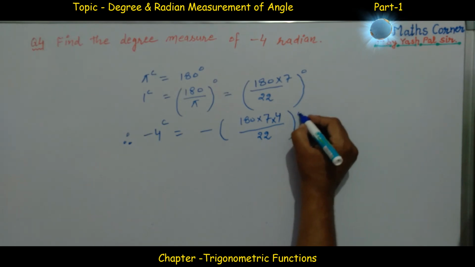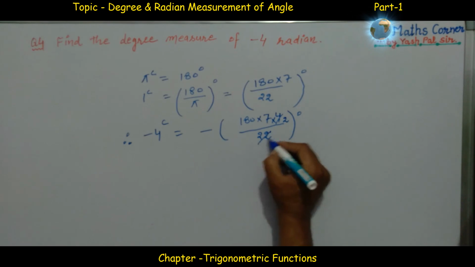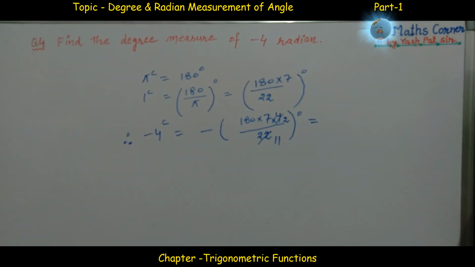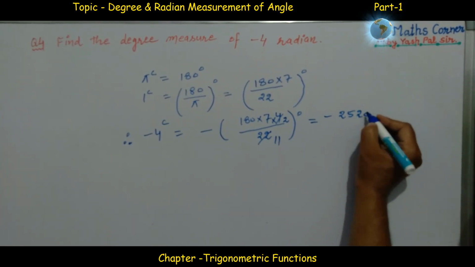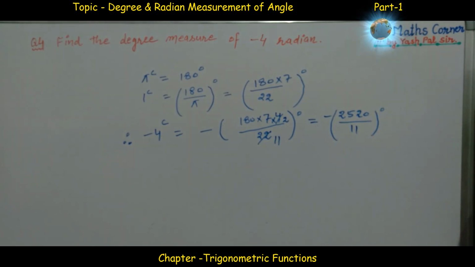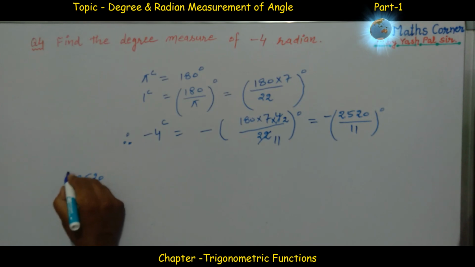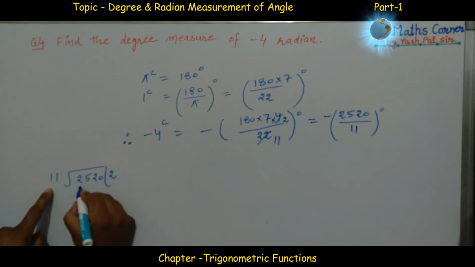So what happens? 2 2s are 4, 11 2s are 22. So this is equal to minus 2520 divided by 11 degree. Now again what to do? We divide 2520 by 11. 11 twos are 22, 3 2.